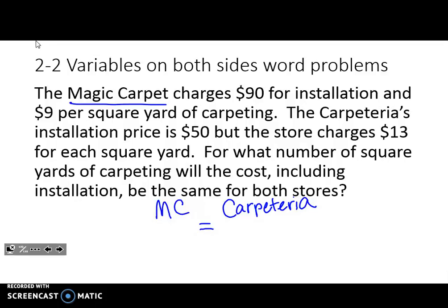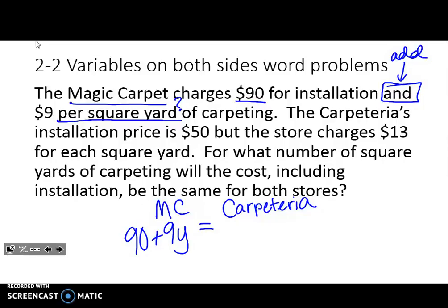So we're going to write down what we know about Magic Carpet as we read it. They charge $90 for an installation, and, which is a math word, means to add, and they charge $9 per square yard. Square yards is what we don't know, so that's where we put our variable.